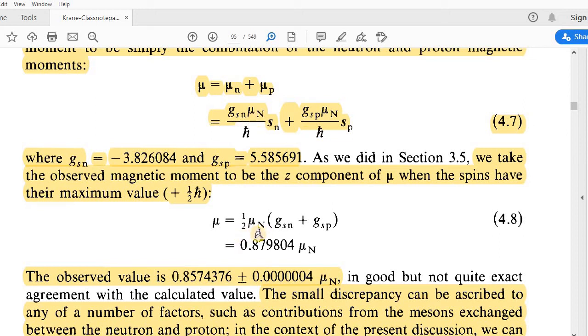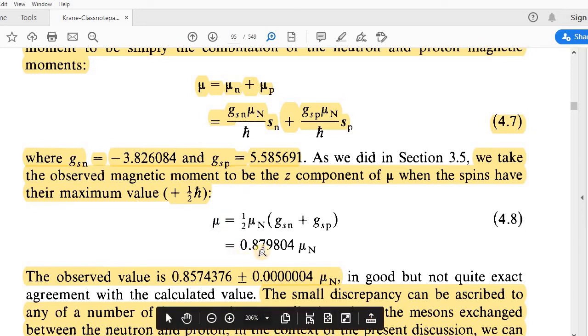we can write 1/2 mu n times GSN plus GSP, and it gives a value of 0.879804 mu n. The observed value is 0.8574376 with precision plus or minus 0.0000004 mu n.